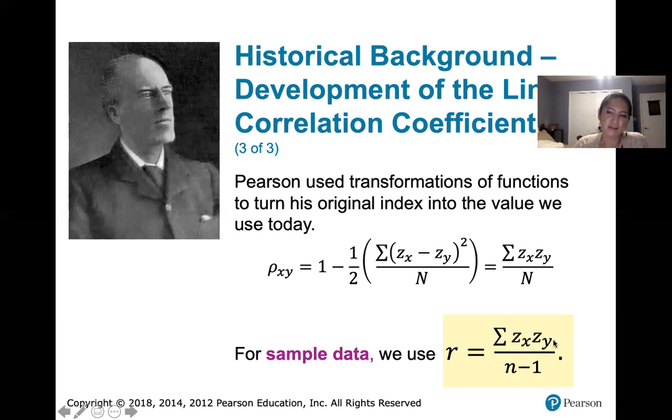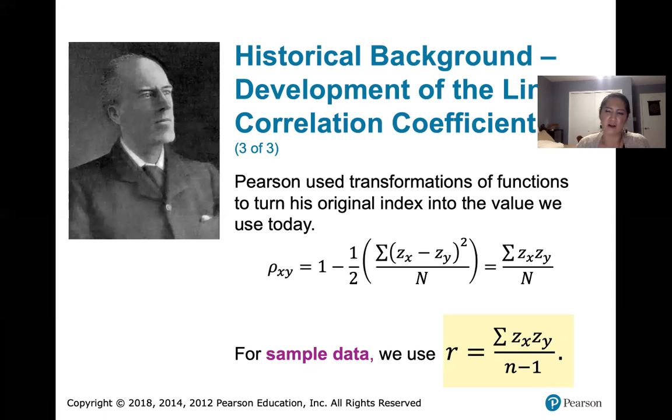So when you multiply those together, you're going to get a positive result. And if they both happen to be negative, you're going to multiply those together and you're going to get a positive result. If you do that for all of the x, y pairs and you divide by n minus 1, you're going to get your r value.